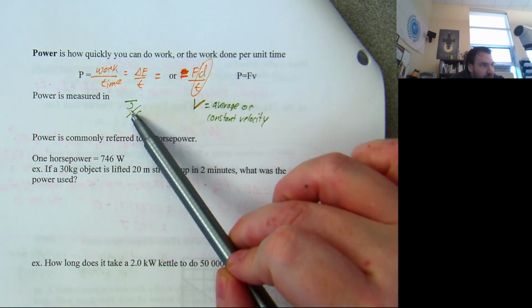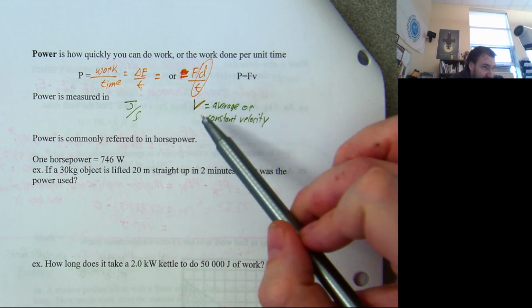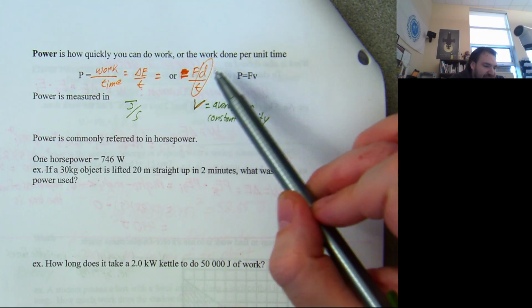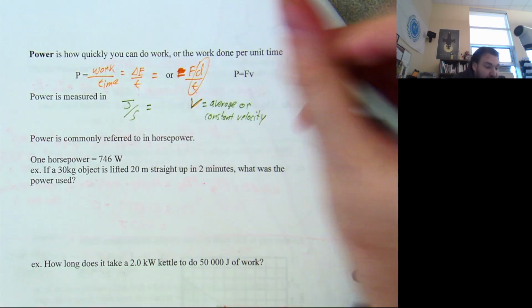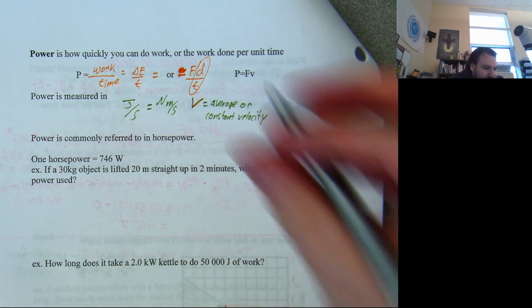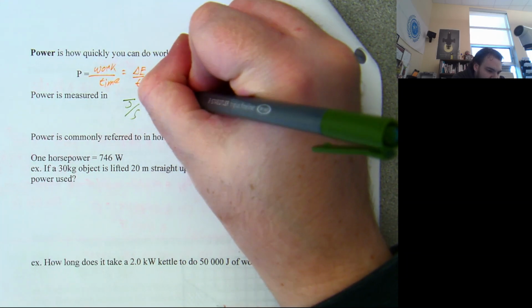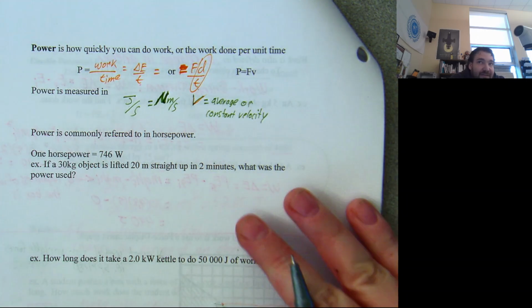Work and energy, both measured in joules, so joules per second. This one is interesting because this is a force times a distance divided by time. So if you look at this, power is also measured in Newton meters per second.